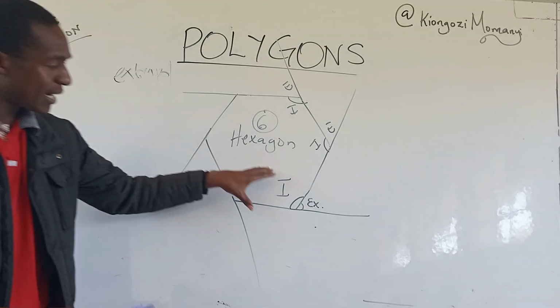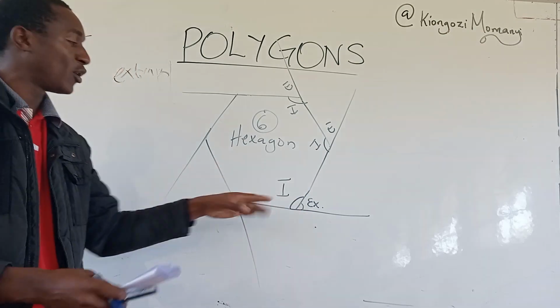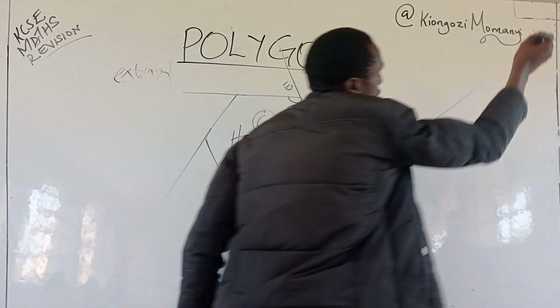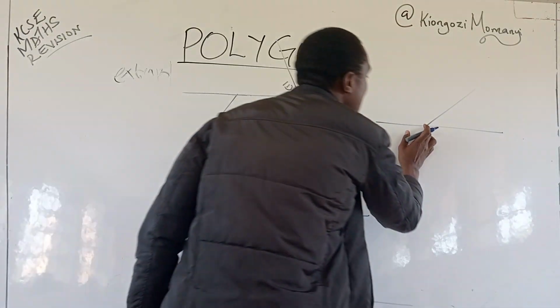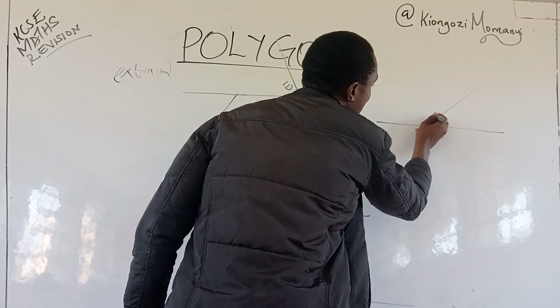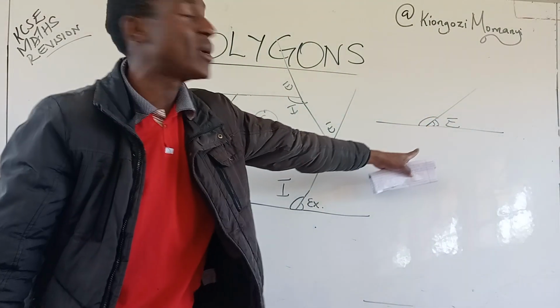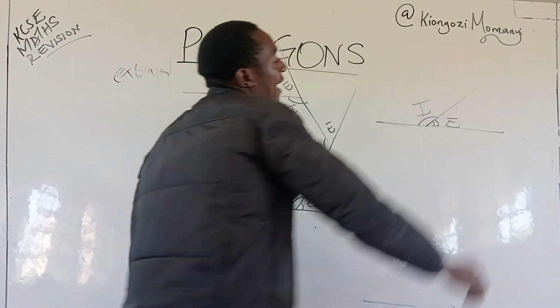Every time you are doing a question related to regular polygons, you must draw a line and form two angles with that line. One side a big angle, the other side a smaller angle. The smaller angle is always the exterior angle. The bigger one is always the interior angle.